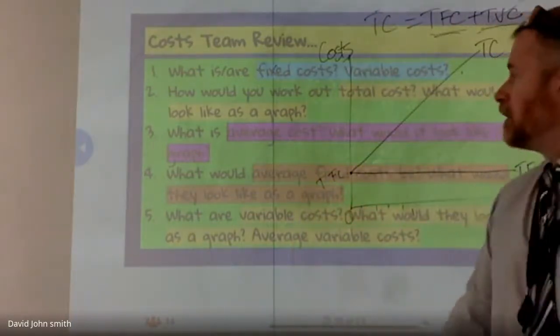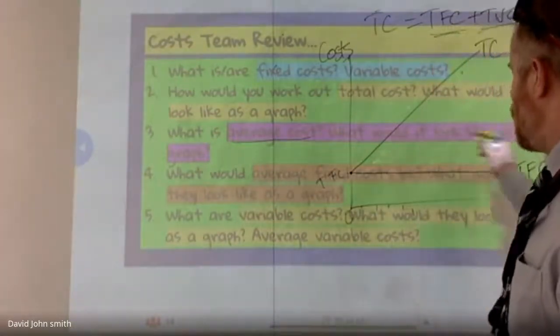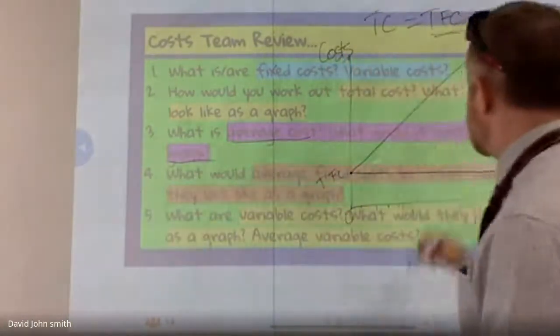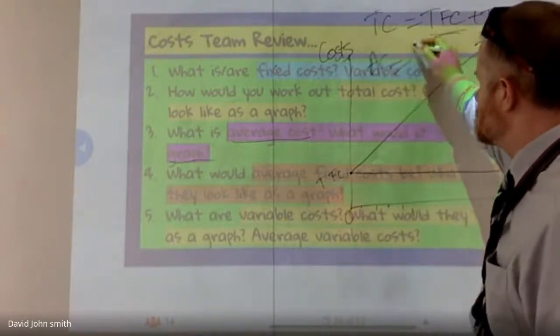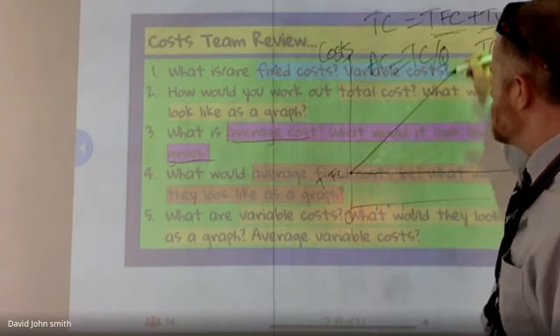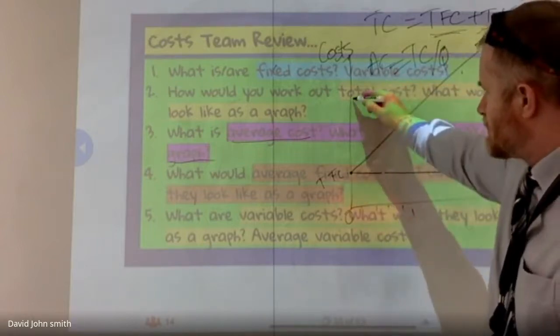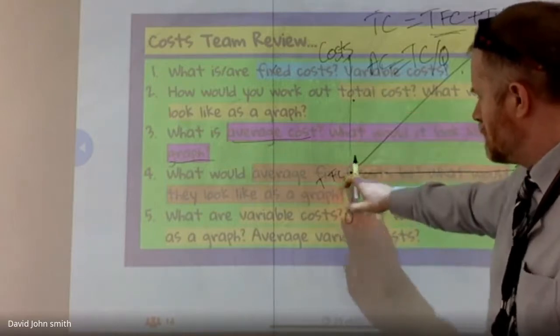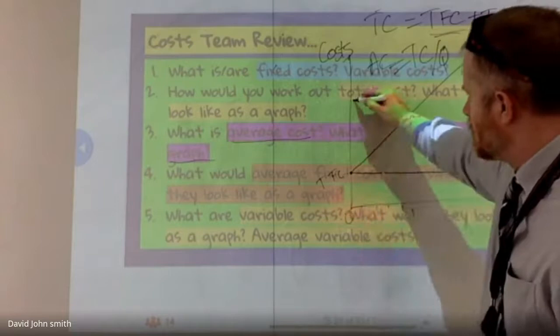Cool. What is average cost? We talked about that one. And what does it look like as a graph? We had the idea that it's the average of your total cost. So average cost equals total cost divided by quantity. So it's going to end up starting quite high, because it starts from here divided by 0, divided by 1, that much.